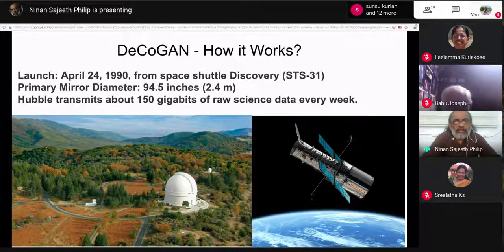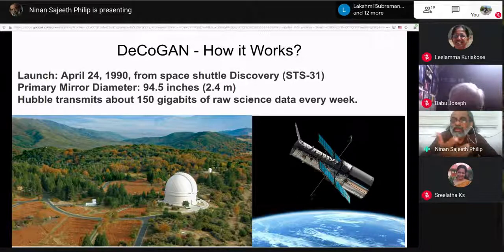The convolution is done by the point spread function, which I mentioned earlier, which is happening because of the turbulence in the atmosphere. We have a database telling us what are the possible PSF values seen in the sky at Palomar. And this information can be used to convert the data that Hubble has produced so that it mimics the data that the observatory is actually seeing.